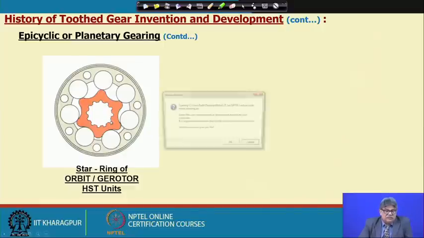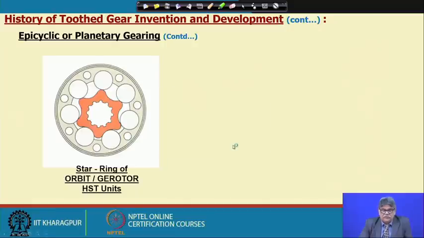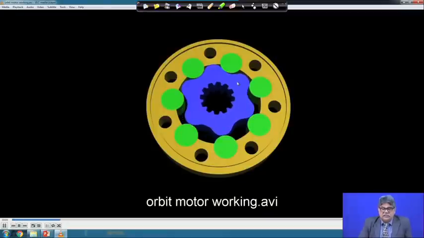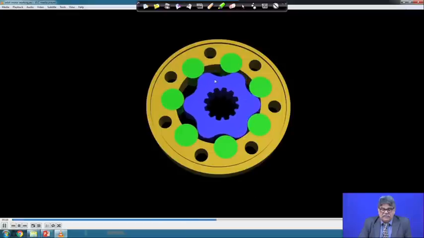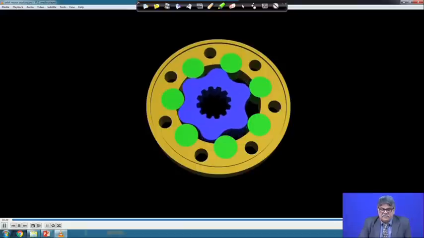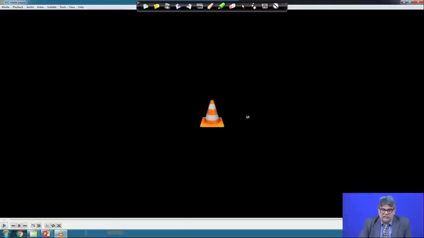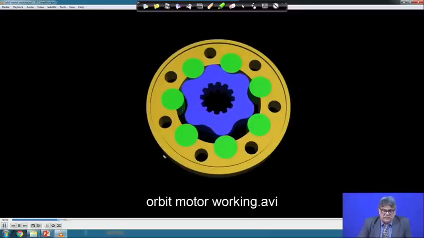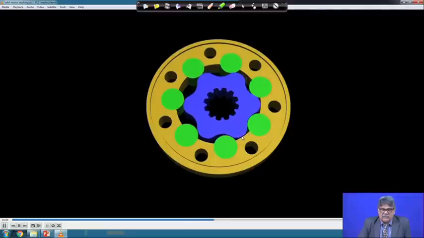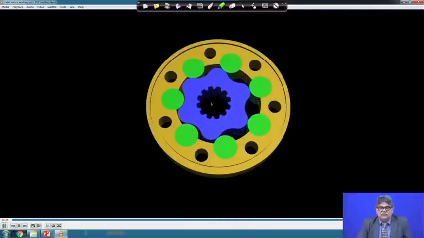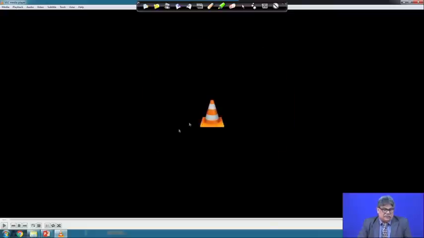If we look into their motion, it moves something in this manner, the star is moving in this manner. Now, particular to this machine is that the oil is pumped into the chambers which are formed by this contact, and then this starts rotating. The output is taken through a cardan shaft from the star.